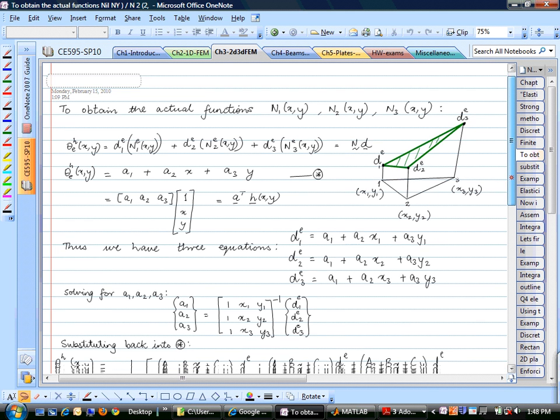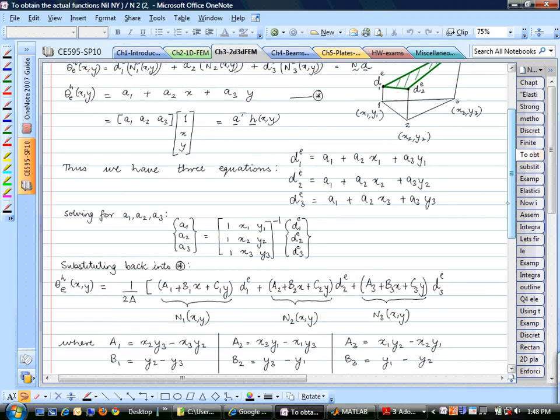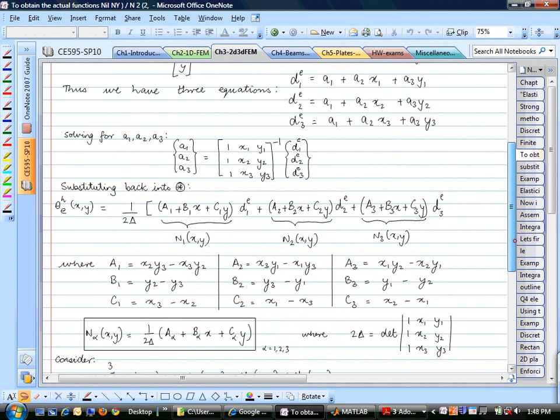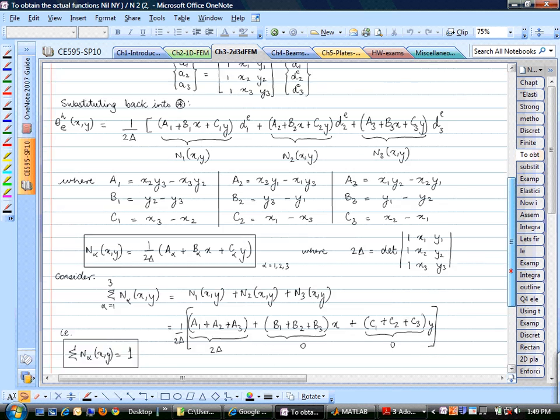You would have to do some calculations like this, write out the 3 shape functions, sum them up, and you'll see that all the x and the y coefficients cancel out. What you will get is 1 over 2 delta times (a1 plus a2 plus a3). So a1 plus a2 plus a3 is exactly 2 delta, and that's how you show the sum of shape functions at a point is 1.